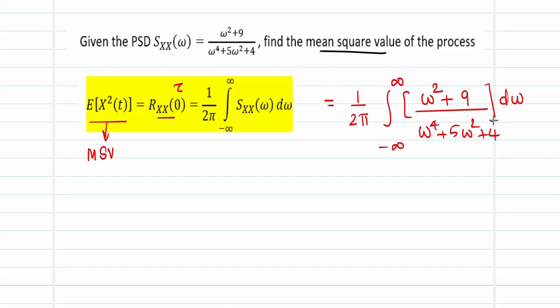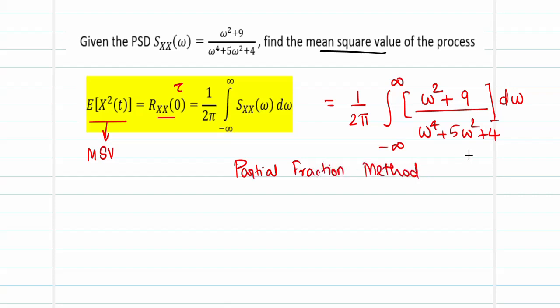Now this is not an easy expression like what we had in the first problem. So the method which we are going to apply to solve it is called the partial fraction method or technique.